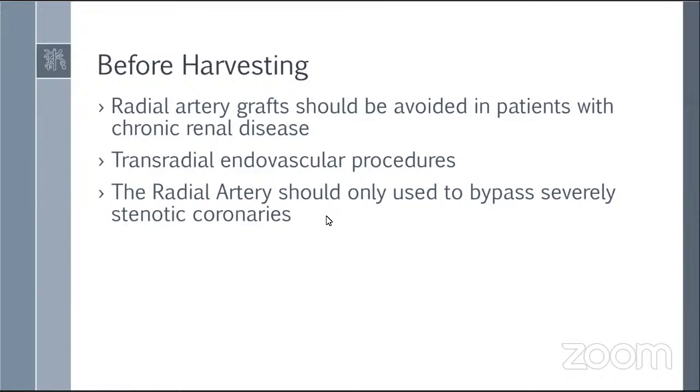Then you might use it. But that is only from a histologic study that showed that the radial artery recovered 3 months after the endovascular procedure. Also, the radial artery should only be used to bypass severely stenotic coronaries, as Dr. Bakir said: for the right 90% because it's larger, and 80% for the left system.